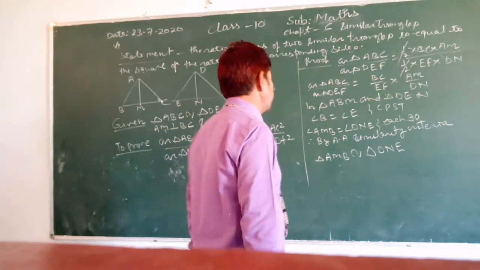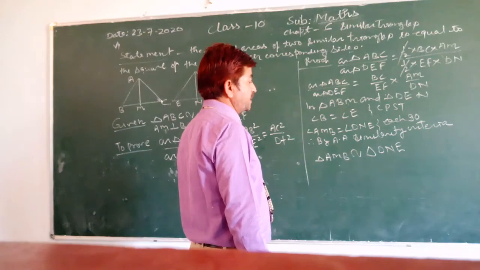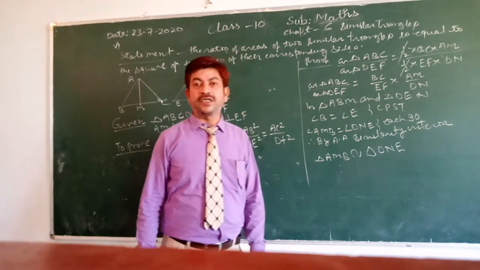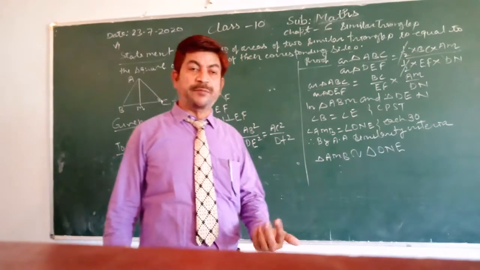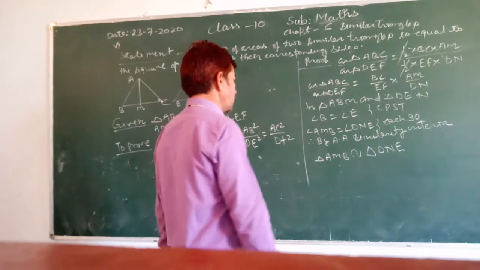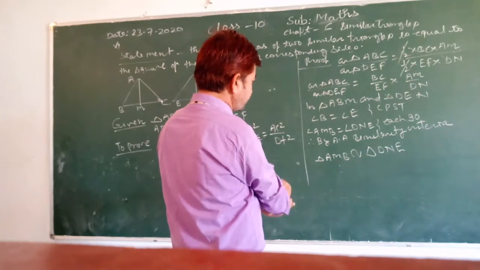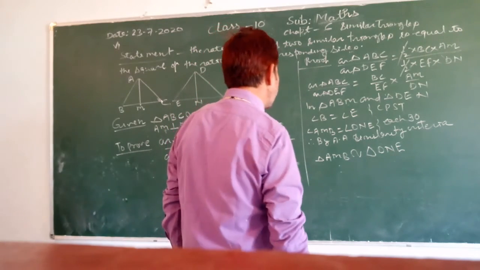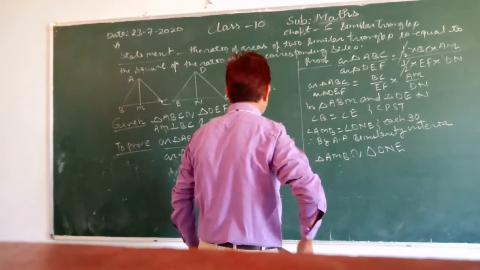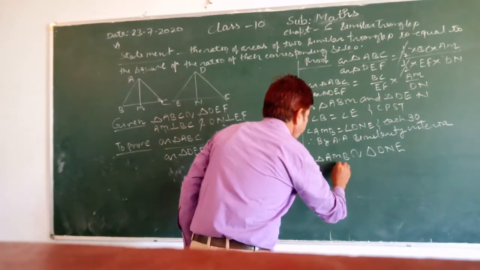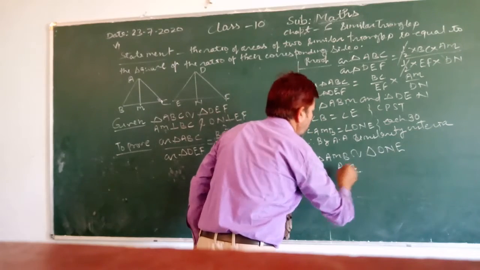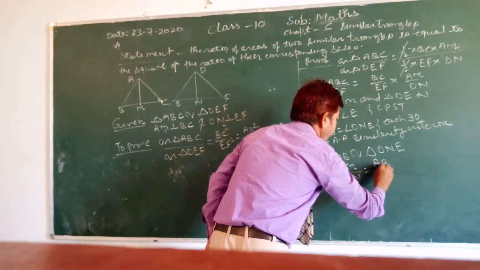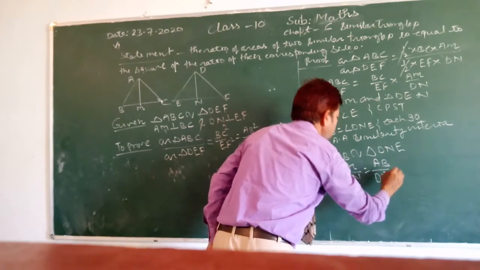Students, we have proved triangle AMB is similar to triangle DNE. We know that corresponding sides of two similar triangles are proportional. Therefore, AM upon DN is equal to AB upon DE.